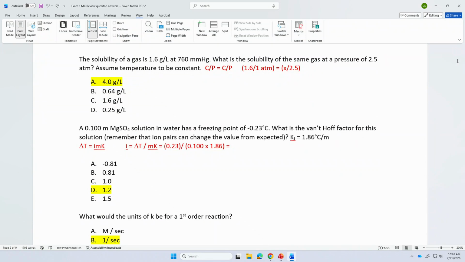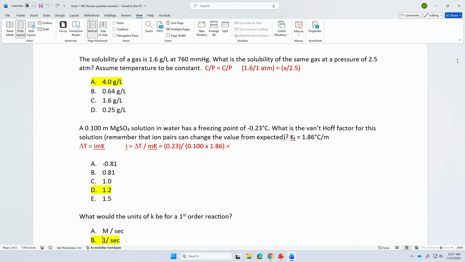Now, the next one is a little bit different because this one says, I'm giving you a delta T. What is the I value? Because for MgSO4, I have an Mg, I have an SO4. That should be a value of 2. But when I plug all of the information it gives me into the equation and I solve for I, it's only 1.2.